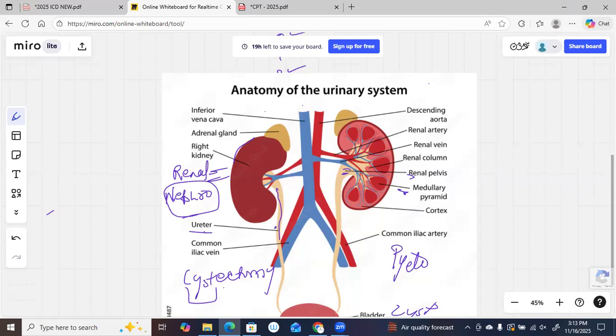The kidney removes urea from the blood. So the major function of the urinary system is filtration of the blood. We have tiny filtering units known as nephrons. The nephron is the smallest unit of the kidney that helps the kidney do blood filtration.